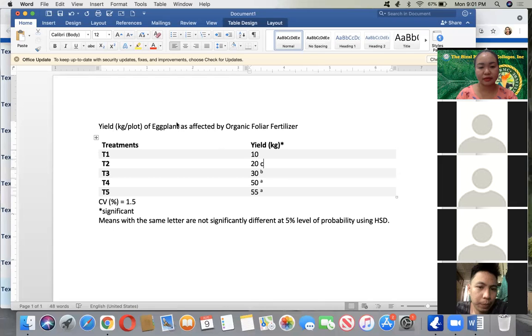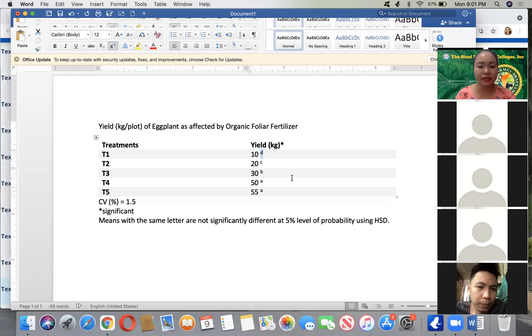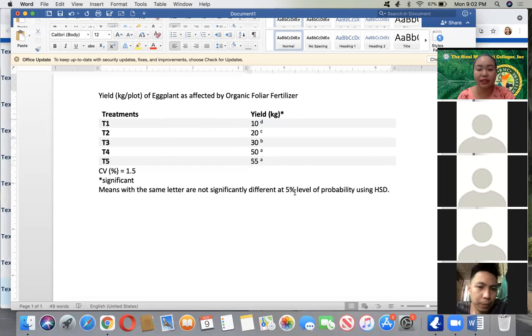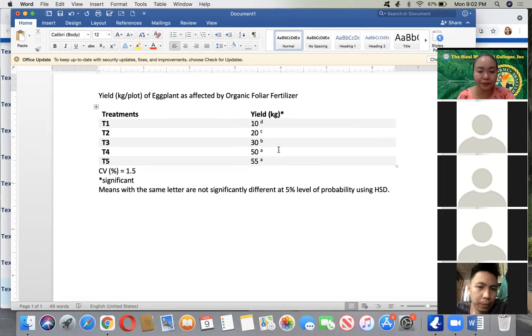Yes. Okay, so before our time runs out, let's say this one is D. It should have a statistical analysis. It just means that T4 and T5 are the same, they have the same effect.